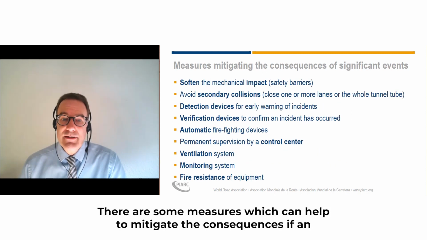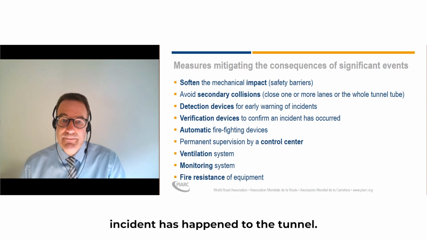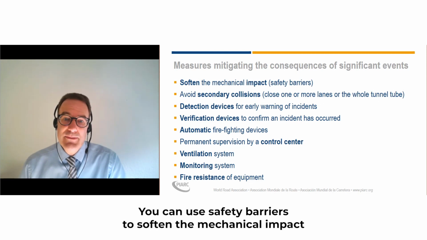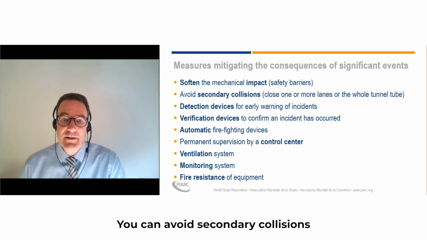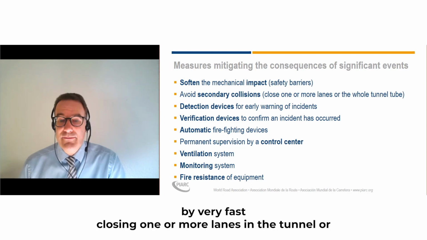There are some measures which can help to mitigate the consequences if an incident has happened in the tunnel. You can use safety barriers to soften the mechanical impact at specific points in the tunnel, for example at the portal. You can avoid secondary collisions by very fast closing one or more lanes in the tunnel or even the whole tunnel tube.